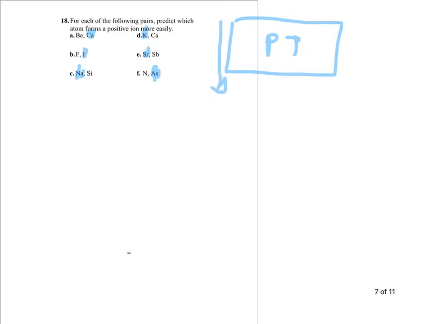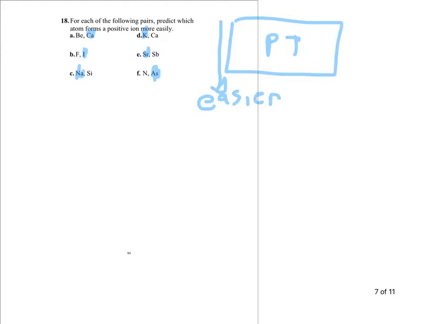The one down lower is going to form a positive ion more easily, because the atoms are bigger, meaning the electrons are farther away from the nucleus, so they're going to be easier to remove, and to form a positive ion they must be removed.